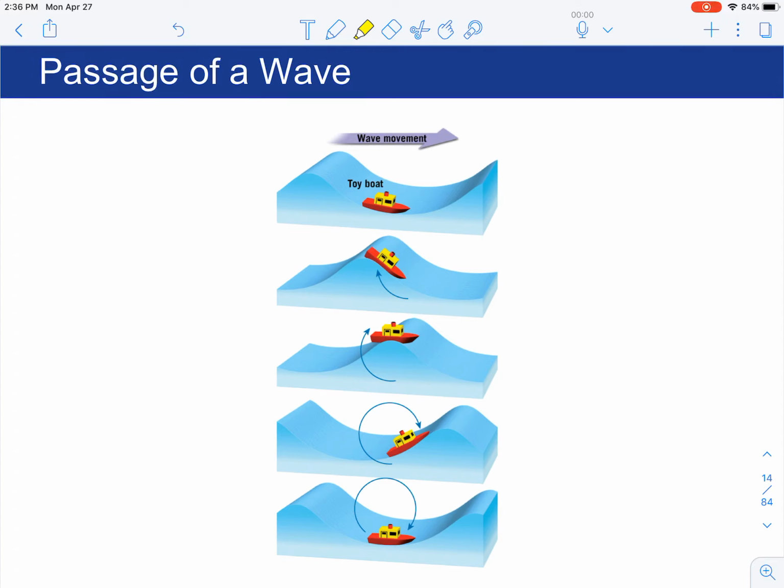And you can see here the toy boat is actually moving in that circular concentric motion, and it's starting and then stopping in the same location, whereas the energy transferred from the waves is moving forward. The water itself is moving in this pattern, right?